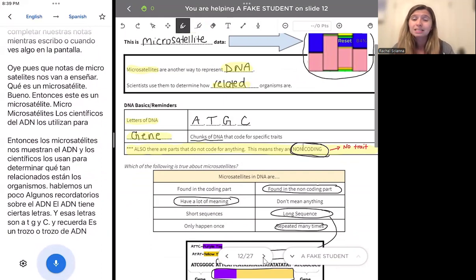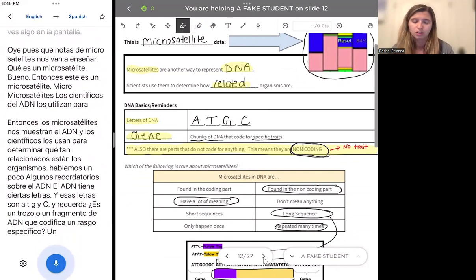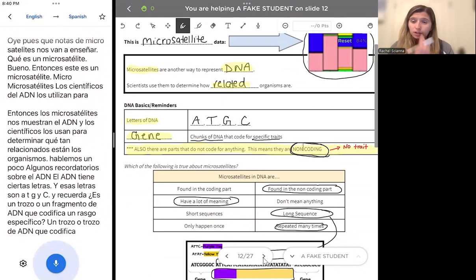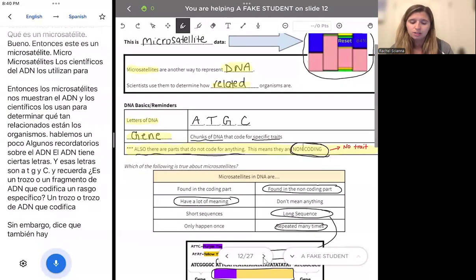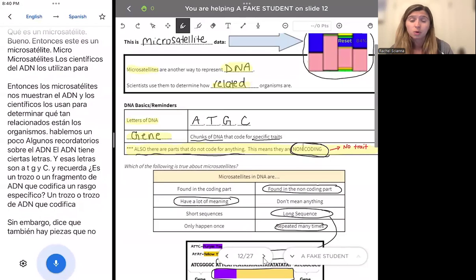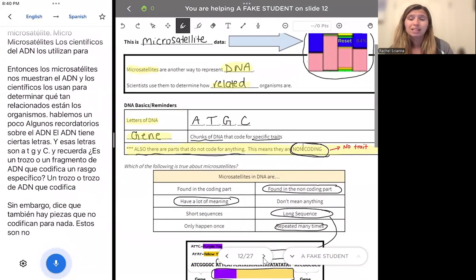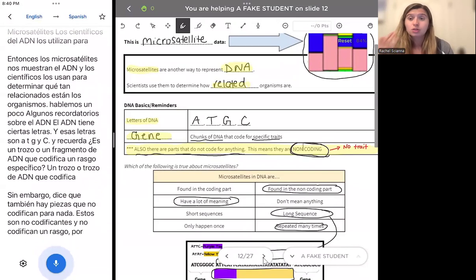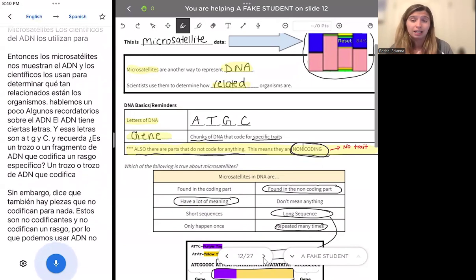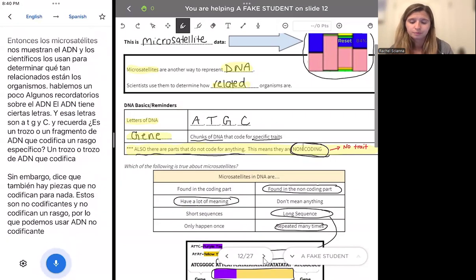However, there are also parts that do not code for anything. These are non-coding, and they don't code for a trait. So we can use non-coding DNA to figure out how related certain prides are.